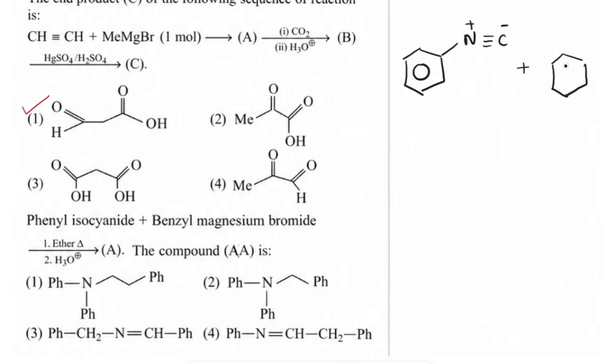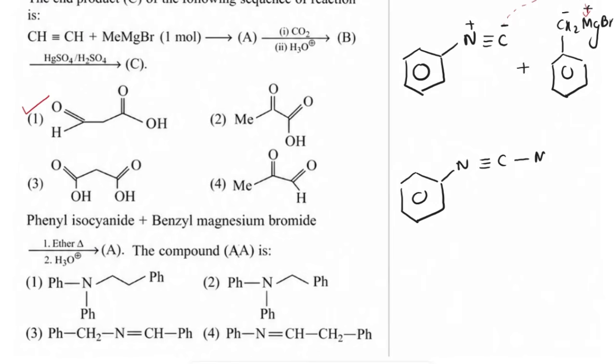When it is treated with benzyl magnesium bromide, what reaction should happen? First, the negative part of the carbon will interact with the magnesium bromide. So you can write a bond between this carbon and MgBr, right?